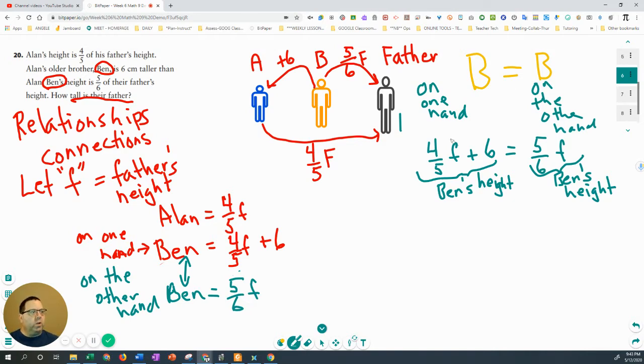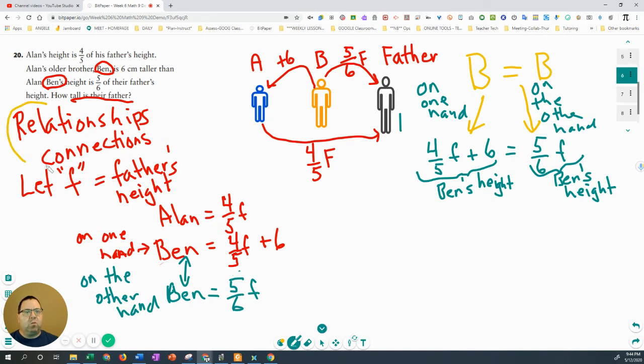On one hand, we know that 176 centimeters is defined by his relationship to his brother's height plus 6. On the other hand, the number 176 would pop up because we're doing 5/6 of his dad's height. So we have two separate expressions of Ben's height. This is the key to connecting everything through our relationships.